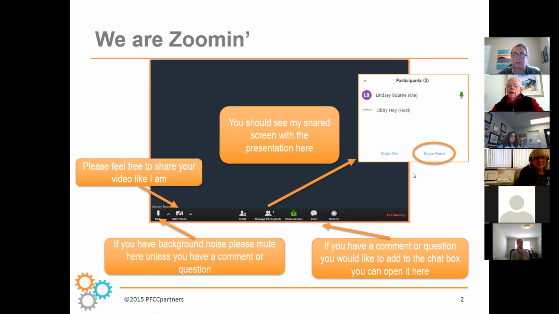But if you haven't, it is also located on that toolbar under chat. Feel free to post your comments and questions all throughout today's meeting. This is always a very interactive session, which I think is why Libby and I love it so much, because we get to talk to all of you. So that's wonderful.